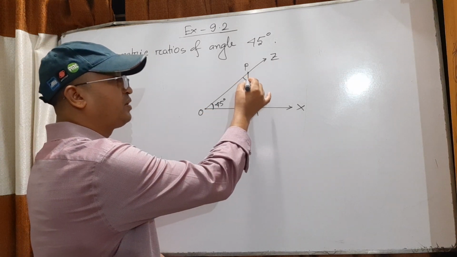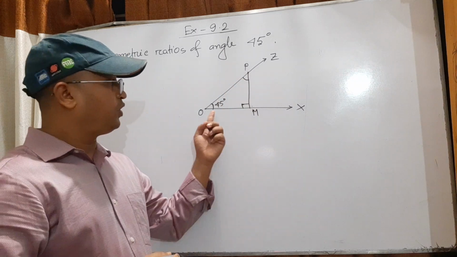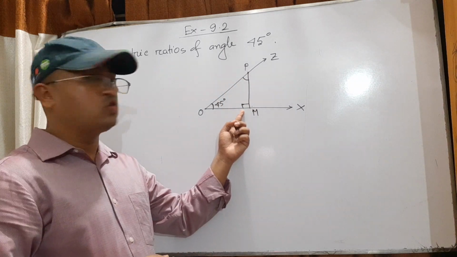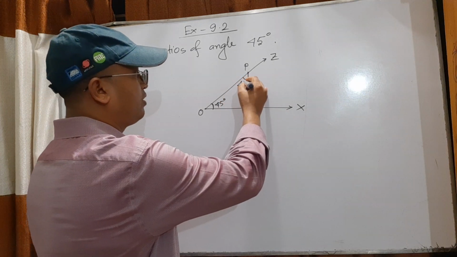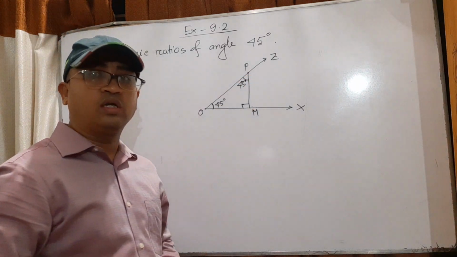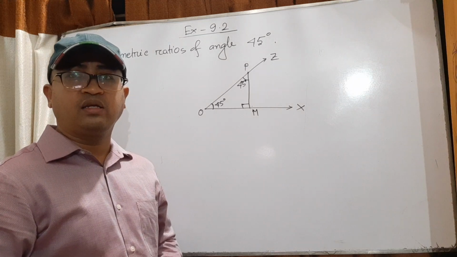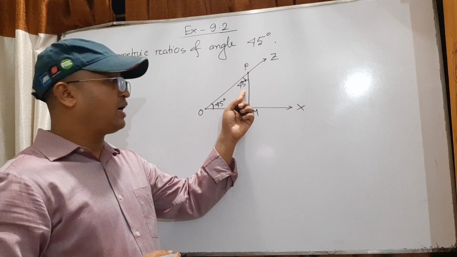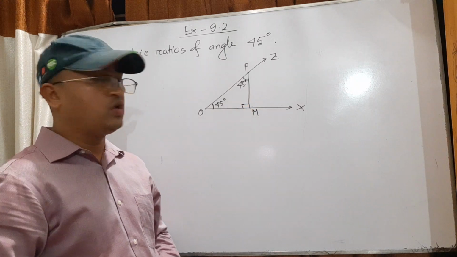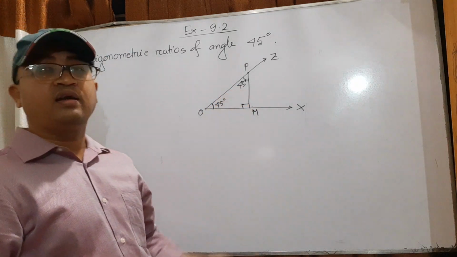So what will this be? It also will be 45 degree, because we know the three angles of a triangle sum to 180 degree. 45 plus 45, 90, 90 plus 90, 180. So these two angles are equal.